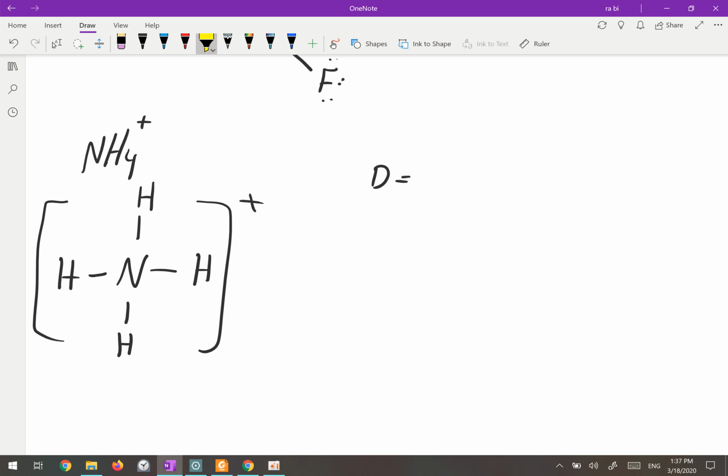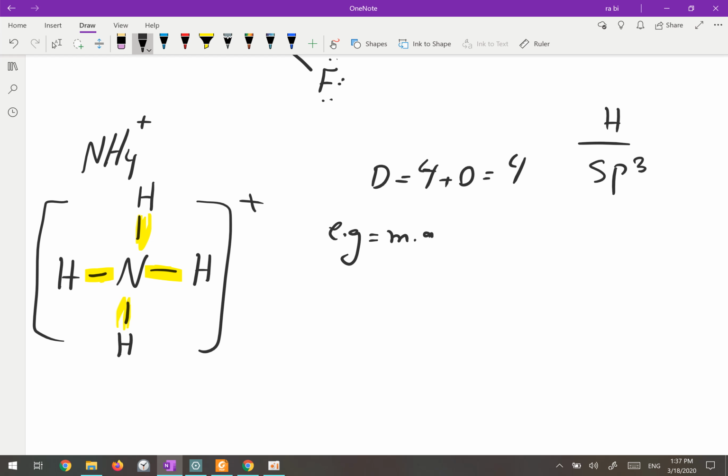So let's determine the domains that we have around the central atom. This is 1, 2, 3, 4. So you have 4 bonds. You don't have any lone pair, so 4 plus 0 becomes 4. When the domain is 4, hybridization is sp3. So the electronic geometry and molecular geometry would be the same because there is no lone pair on the central atom, and it is tetrahedral.